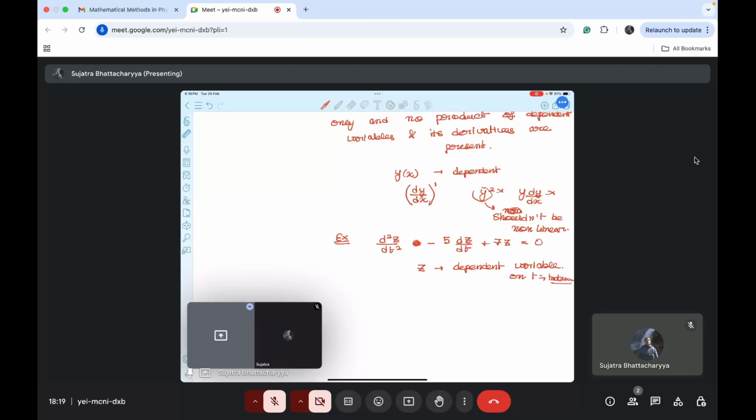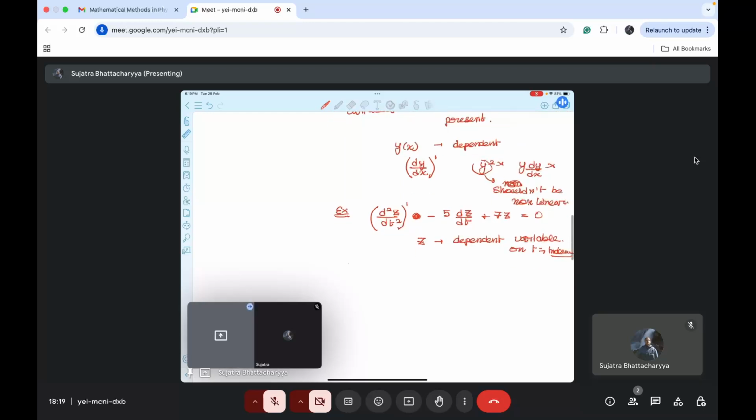No. Do you find a product of the dependent variable and the derivative of the dependent variable? No, we have not found. Next, do we find that the degree of the dependent variable derivative is more than 1? No. So you have the highest order, d2z by dt2, and its power is 1. Hence, it is a linear differential equation.